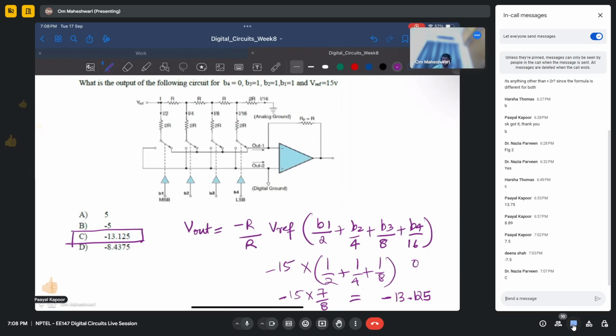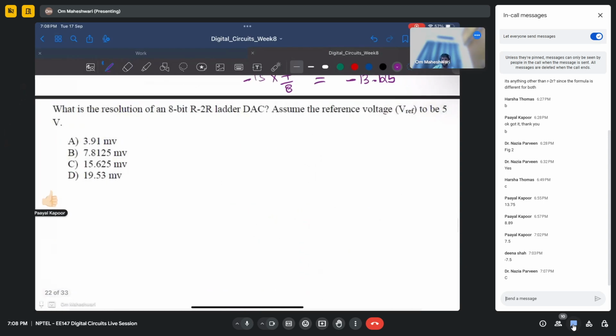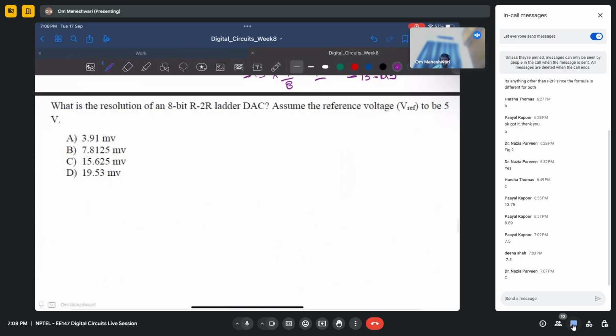Okay, so next question. Again, a simple question. What is the resolution of 8-bit R2R DAC? Reference voltage is 5 volts. So simply, can anyone tell me the answer?